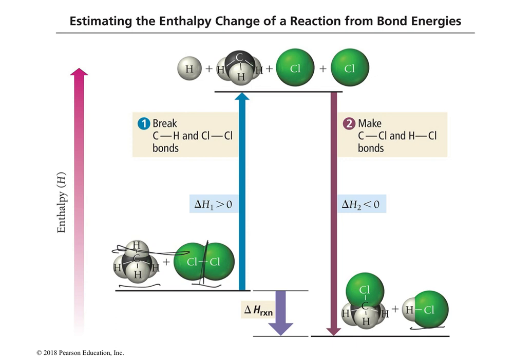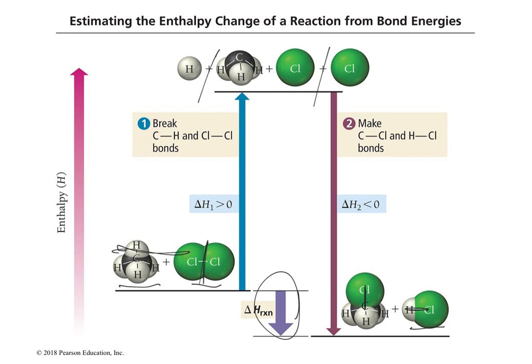So I'll look up how much energy it takes to break those apart, all being endothermic. Now I'm going to be creating this new bond and this new bond, so I'll look up the energy associated with those and put a negative sign in front of it. Then I compare the two, and we can see that more energy got released when those bonds got formed, so the overall reaction would be exothermic.